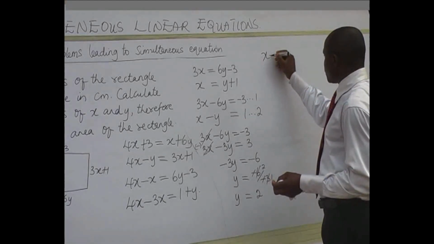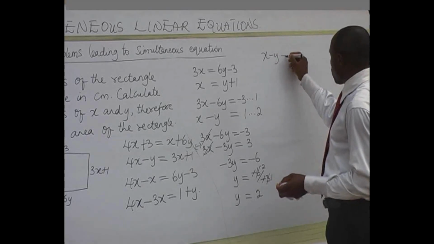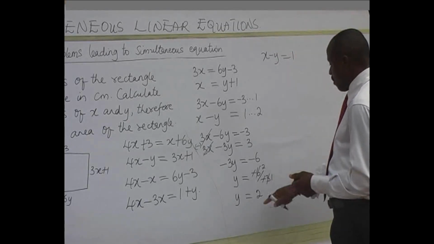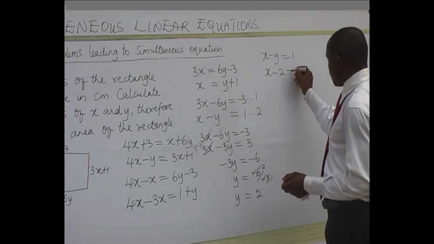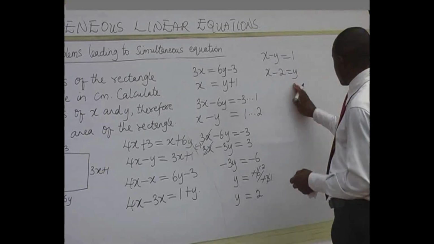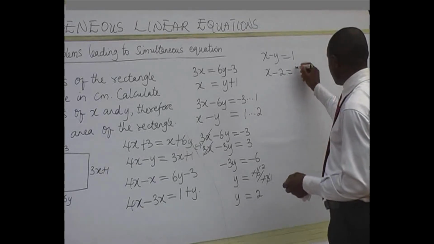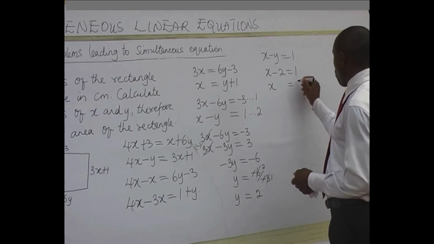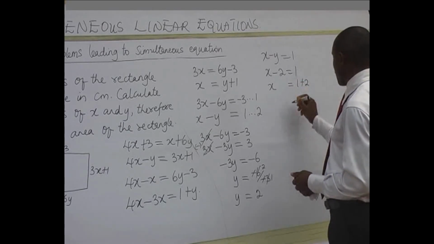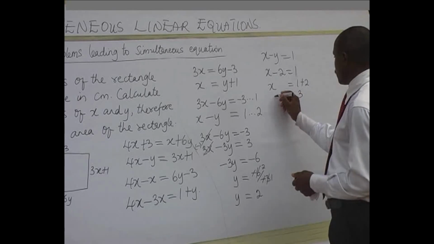Equation 2 is x minus y is equal to 1. But our y is 2. That means x minus 2 is equal to 1. That means x is equal to 1 plus 2, which is 3.